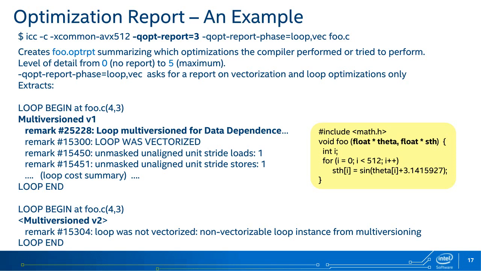So during runtime for this loop, we will find out if the dependency exists in reality, and then execute vectorized or non-vectorized code depending on this.